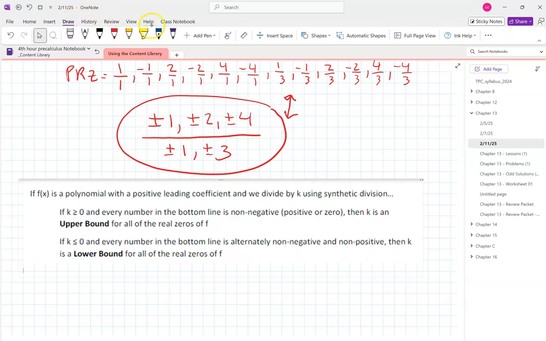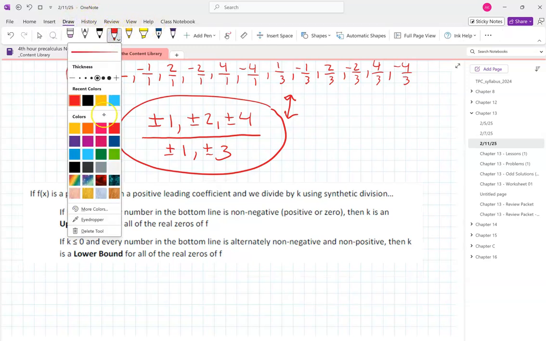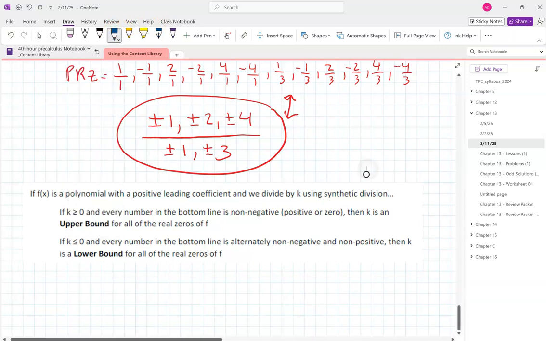So, for example, if I had the list that we just made, and say I checked 1, and I saw in the synthetic division that the bottom row of numbers was all non-negative, it would tell me that 1 is an upper bound for all of my zeros.